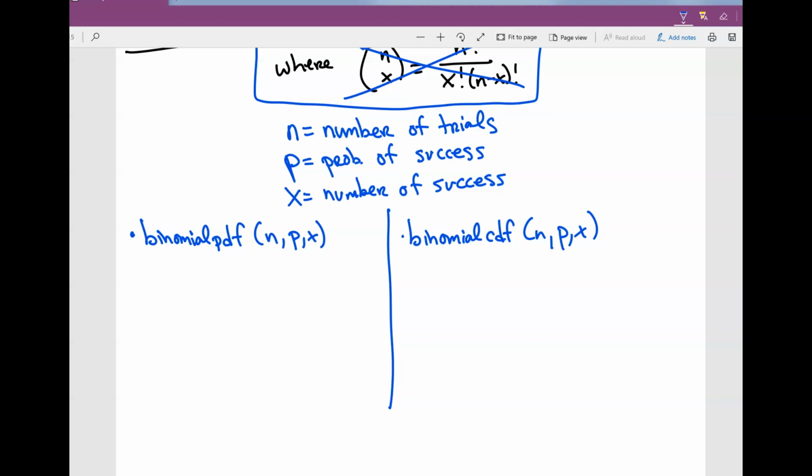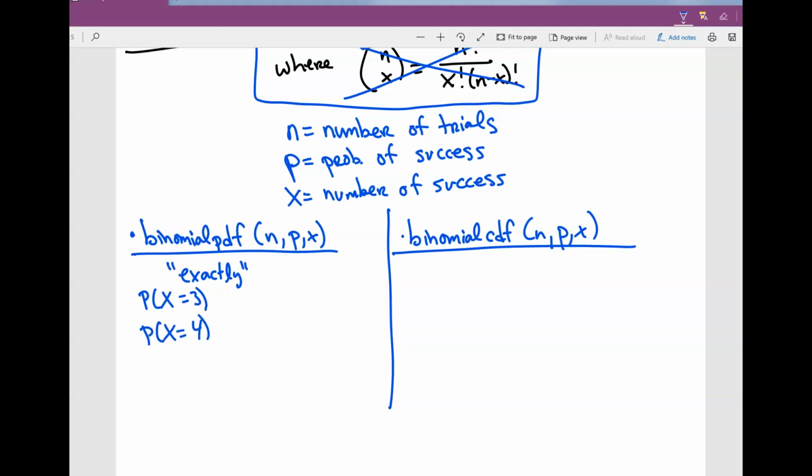When you have a binomial PDF, you want to look for the word exactly. Exactly one number. Usually when we talk about binomial PDF, you think about probability of x equaling 3 or probability of x equaling 4. That's when you use binomial PDF. It will tell you the probability of exactly that point occurring.